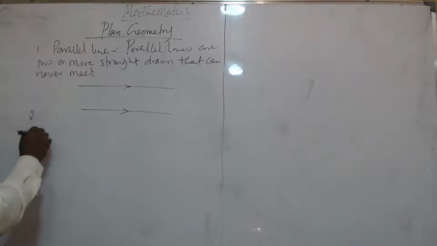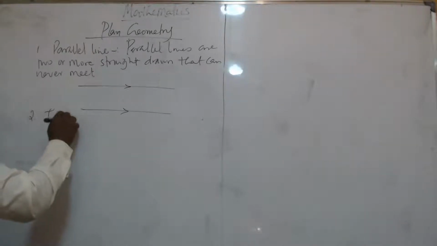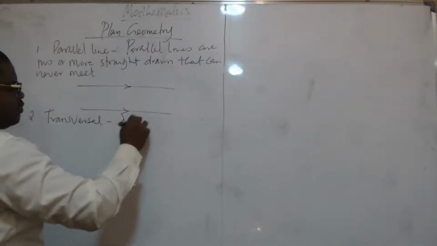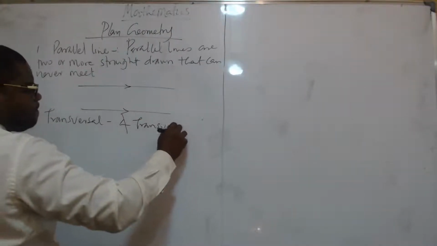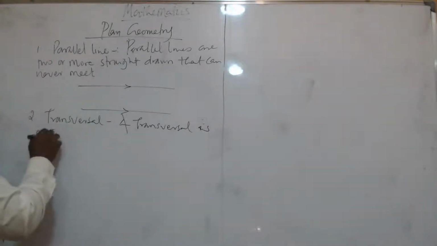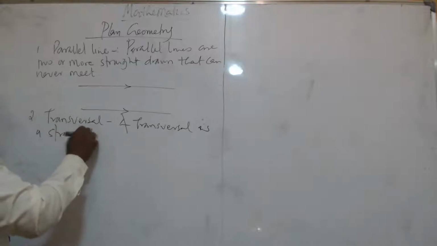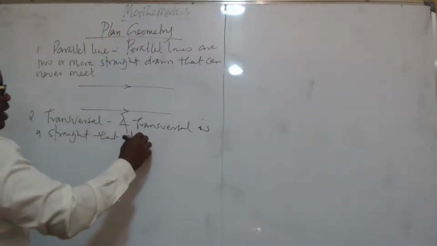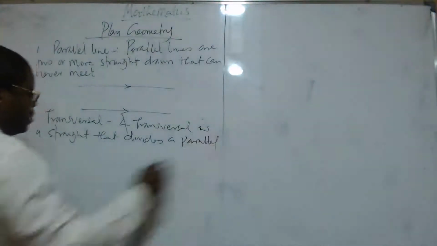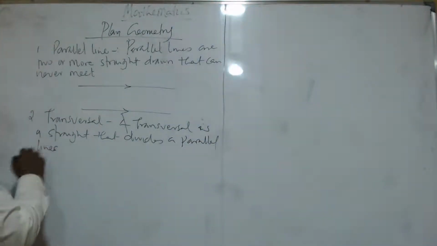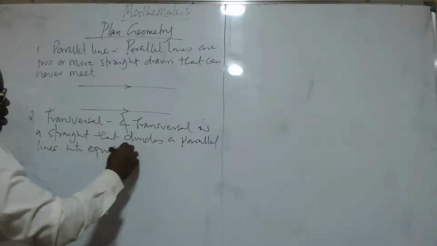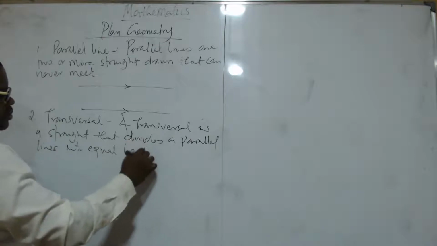We have the second one, we have what? Transversal. A transversal is a straight line that divides parallel lines into equal halves.